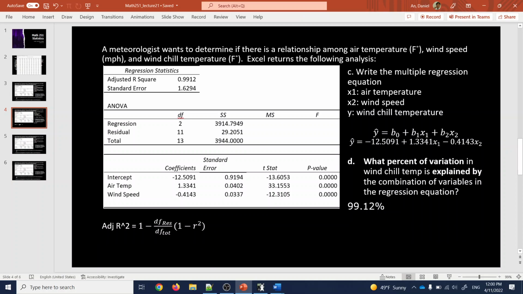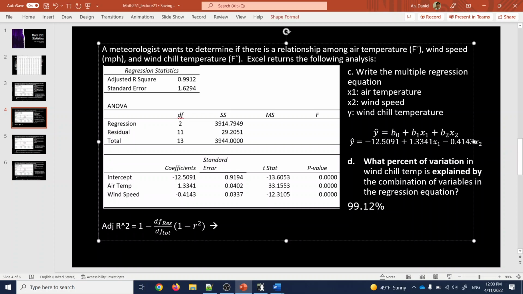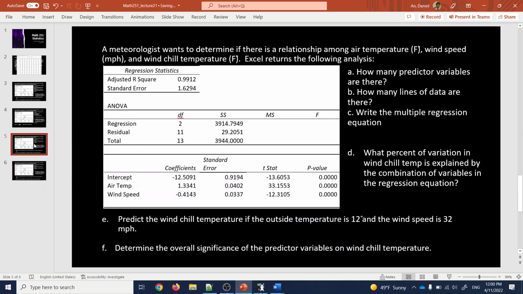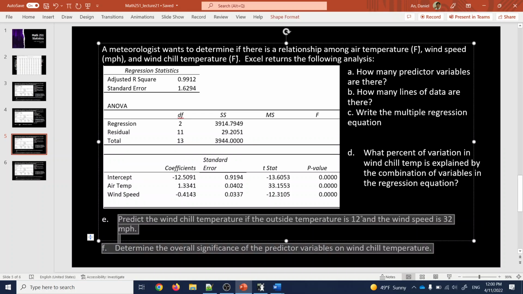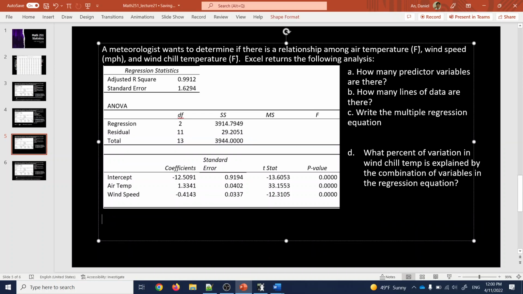Okay. And this is called the coefficient of determination. Okay. Now let's try to answer these. Let me take that out, put it in here.